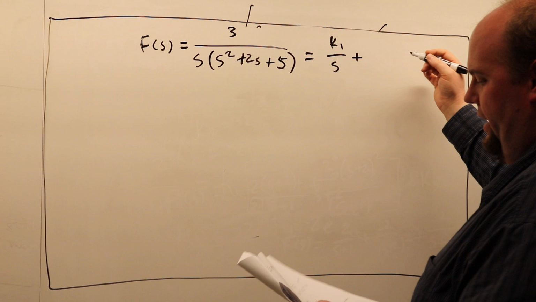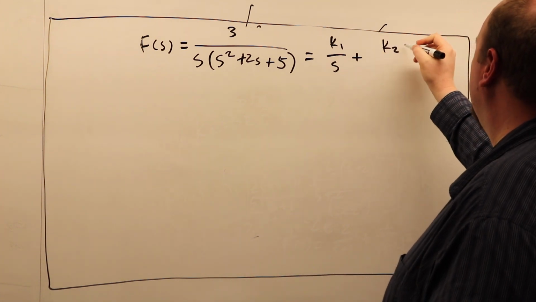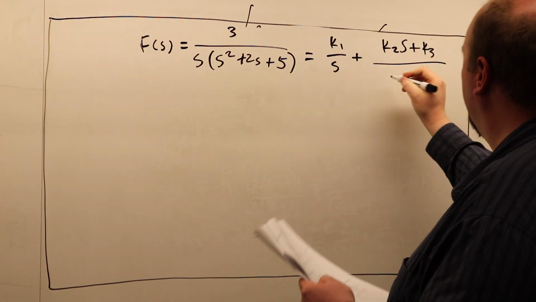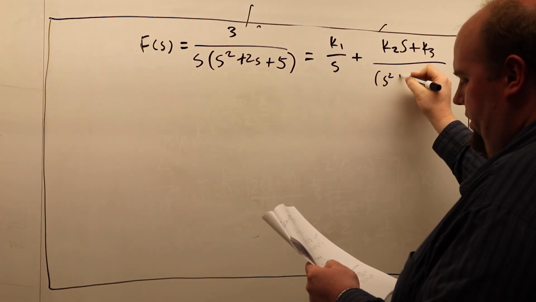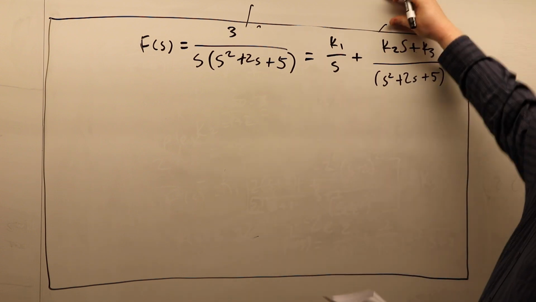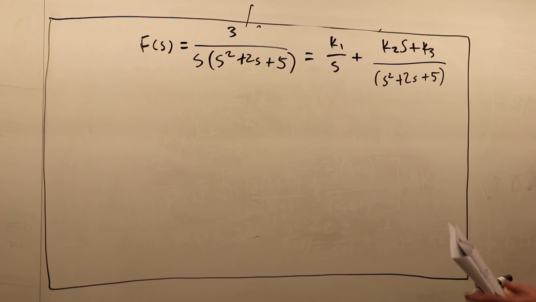So we're going to have k2s plus k3 divided by s squared plus 2s plus 5. That's going to be our assumed form of the solution.